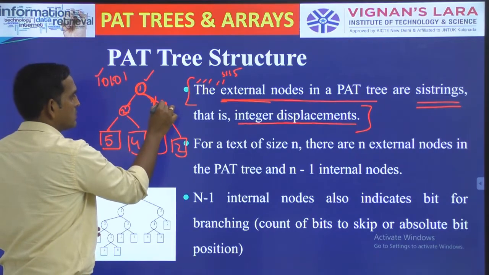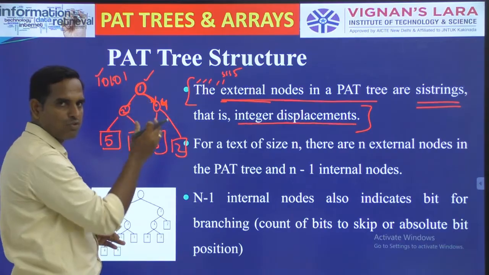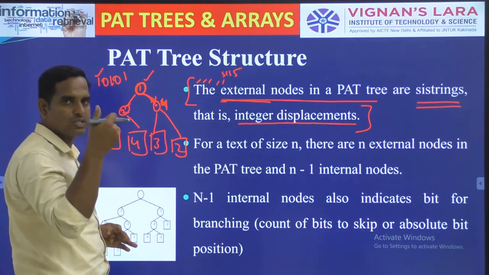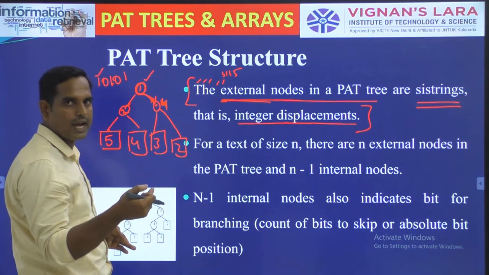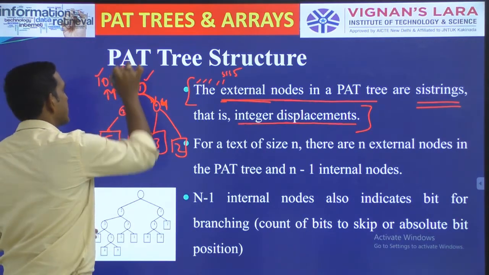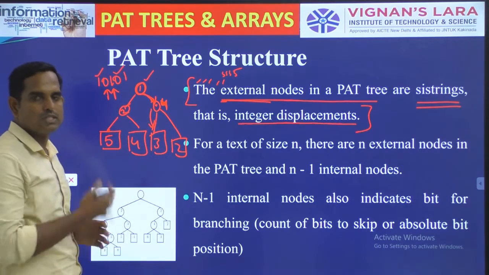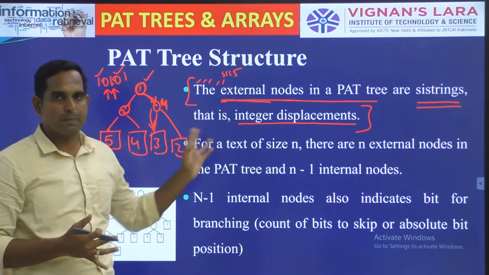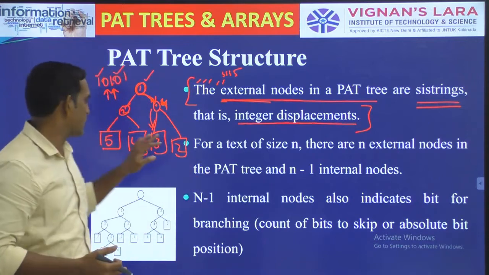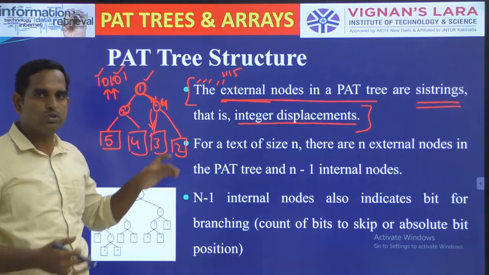Now inside the internal node I have a value 4. That 4 specifies that I have to check the fourth bit, that is, I can skip 2 and 3 and check the 4. Then I can go to this position. So this is how searching takes place in Patricia trees. Your external nodes will signify your strings and your internal nodes will be used for branching.